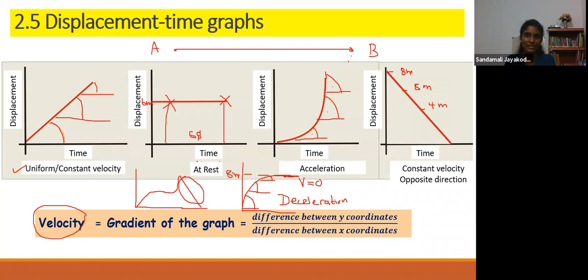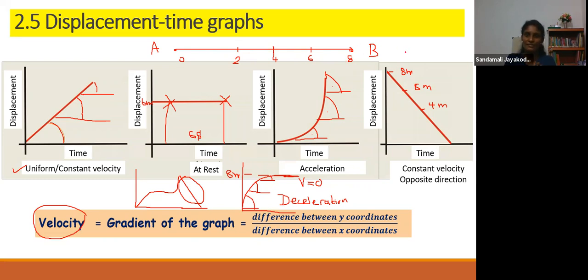So that means if it is 8, then it becomes 6, then 4, then 2, finally it becomes 0. In this way, this distance is too much compared to this one, but it should be the same. So when the displacement is decreasing like this, we have to remember that it is moving in the opposite direction.